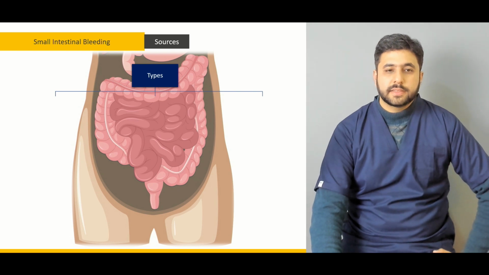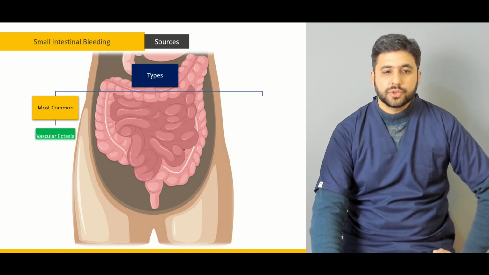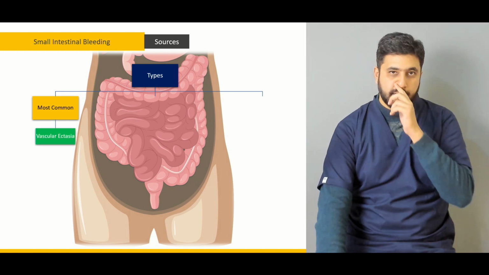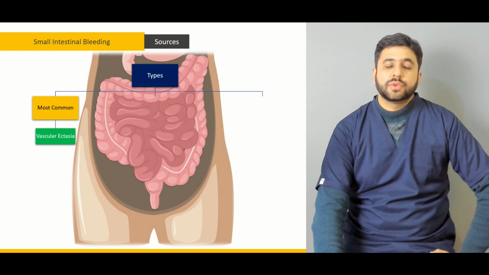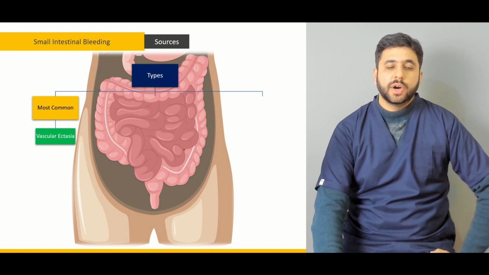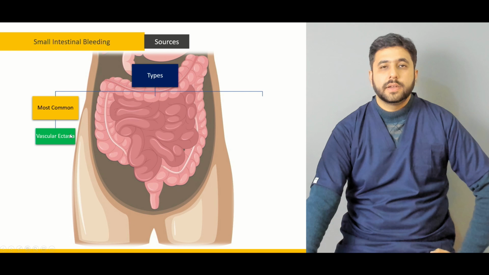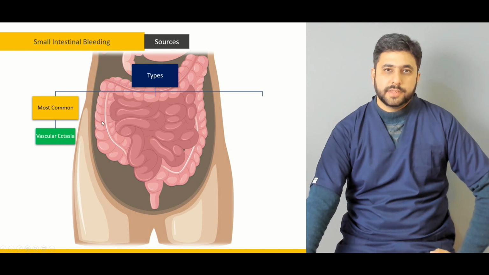Let's look at the various causes of small GI bleed. The most common ones are the vascular ectasias. There is any vascular malformation or any fistula or any abnormal dilatation of the vessel in the small intestinal tract. For example, a superior mesenteric artery malformation or anything like that can lead to a small intestinal bleed.